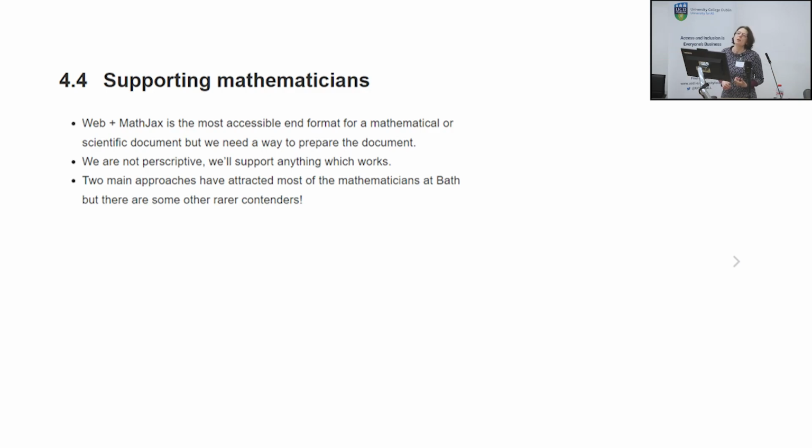Now, at Bath, we are not prescriptive. We will support the mathematicians using anything that works because it's about their individual practice of how they make their own documents. But two main approaches have come out of the maths department at Bath. There are some rarer contenders, which I won't go into today.